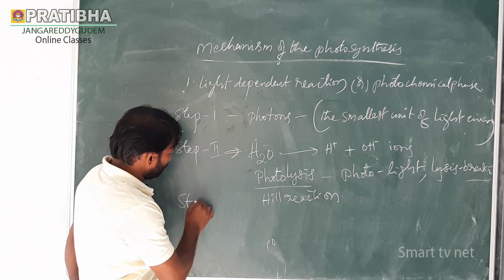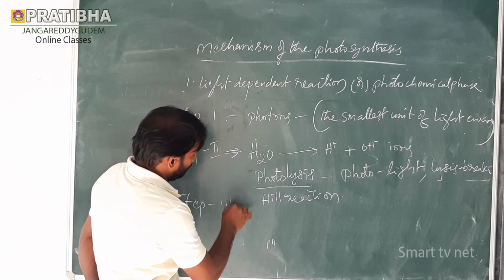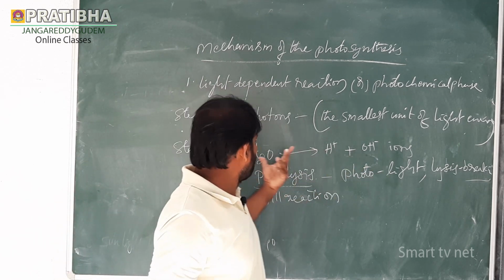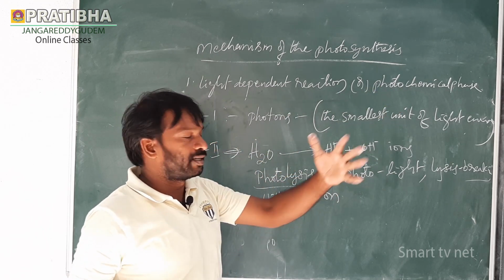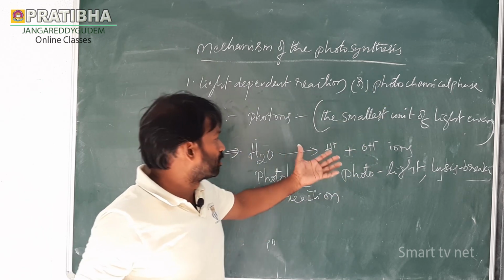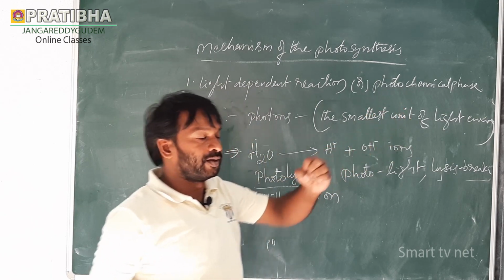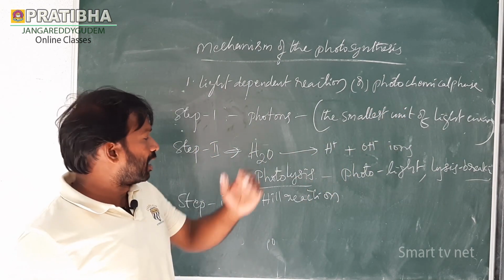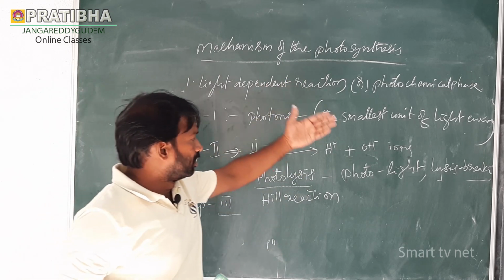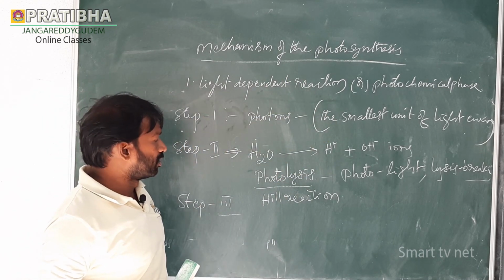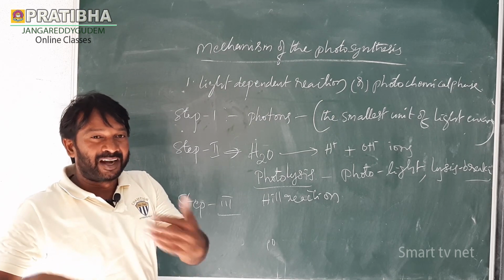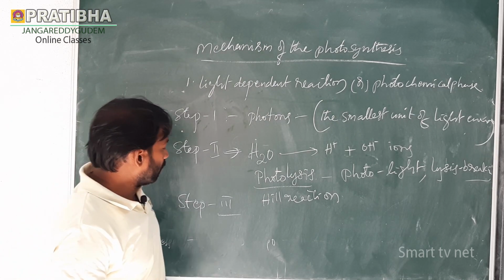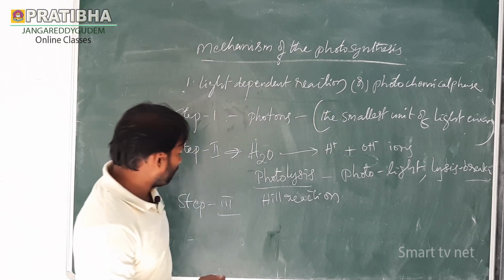Next, step 3: in the photosynthesis process, water molecules spontaneously split and form hydrogen and hydroxyl ions. These ions undergo changes in very quick succession. Let us see what that is.